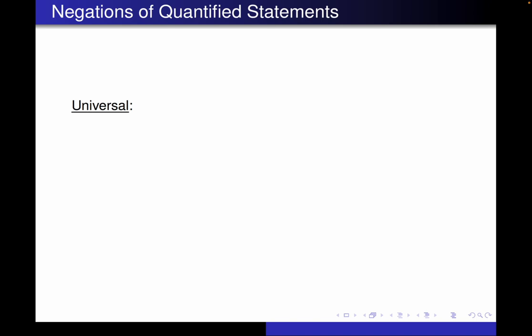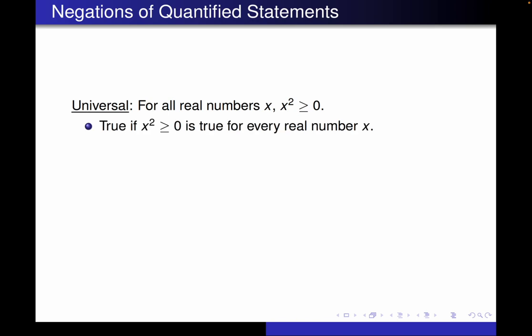So let's see what happens when we try to negate a universal statement. Well, the example that we had is for all real numbers x, x squared is greater than or equal to 0. Let's again think about what it means for it to be true and what it means for it to be false. True means that x squared greater than or equal to 0 is true for every single real number x, which means that false means that x squared greater than or equal to 0 is false for at least one real number x.